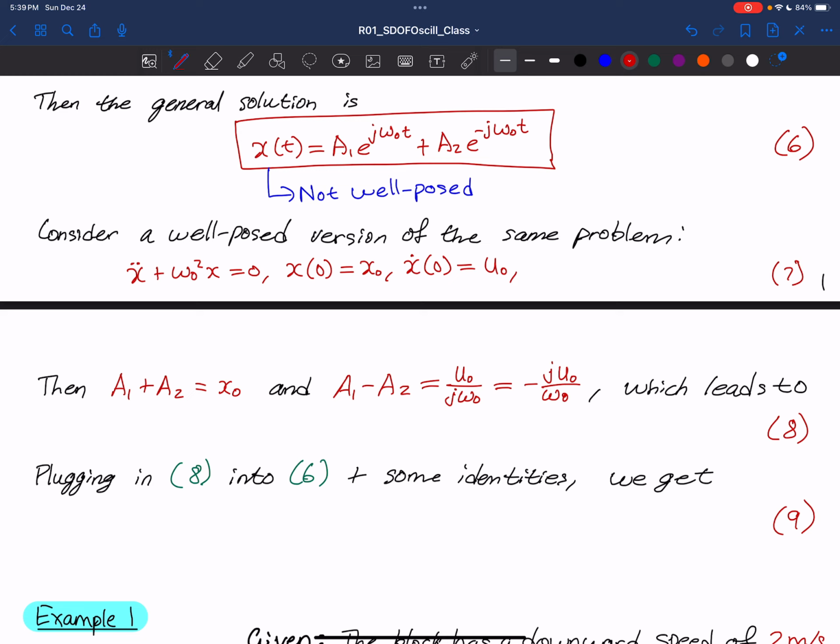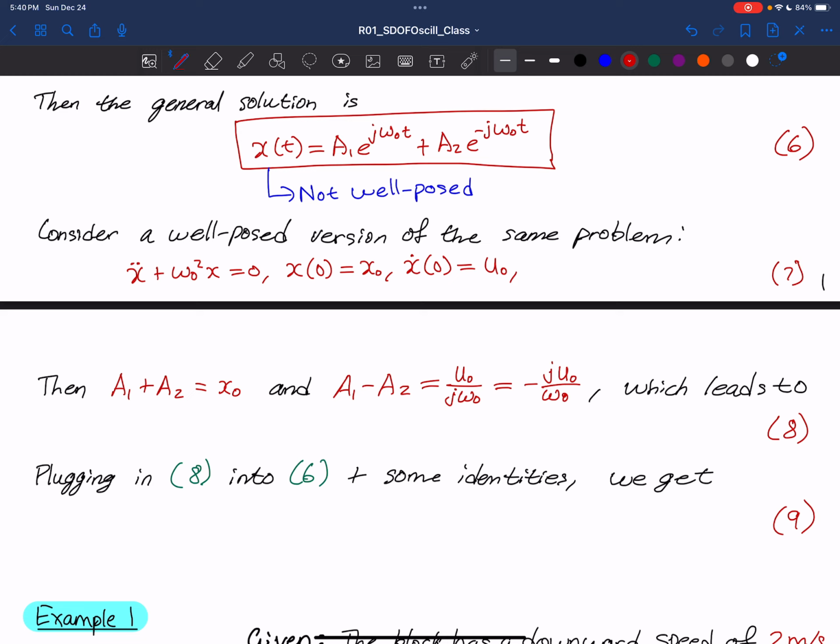So I want to just say a quick comment about initial conditions. Here we're prescribing the starting state of the oscillator through the constants x0 and u0. You don't necessarily need to prescribe what happens in the beginning. You could say that the displacement is this value at some time, or the velocity is this value at some time, or both of them at some time, and then you could go backwards and determine what happened in the beginning, what caused those conditions to arise.